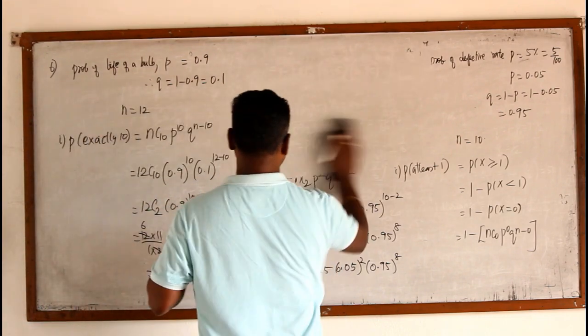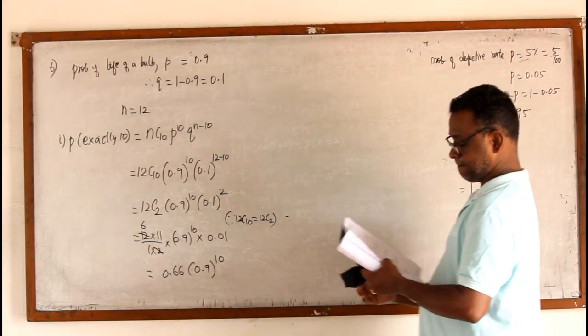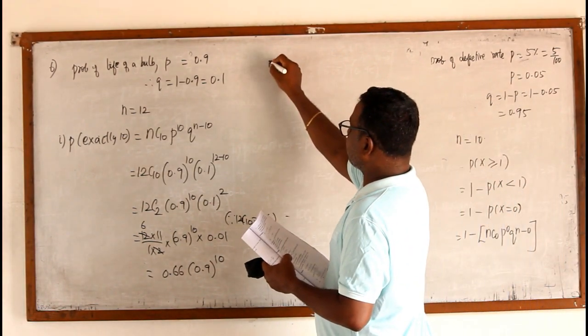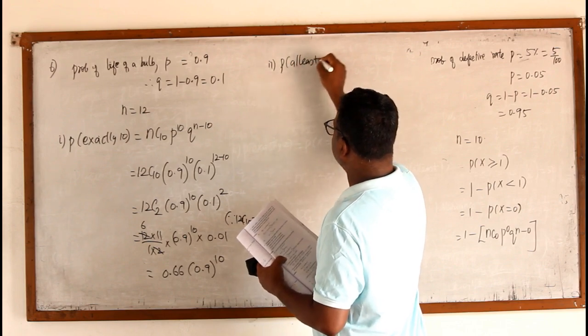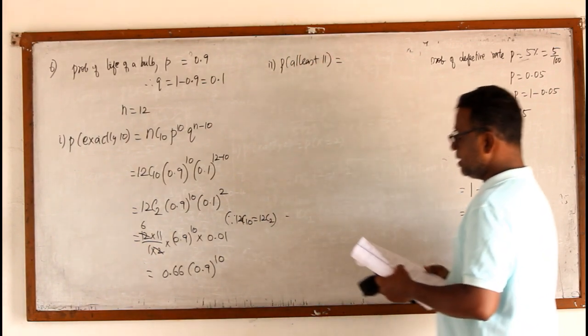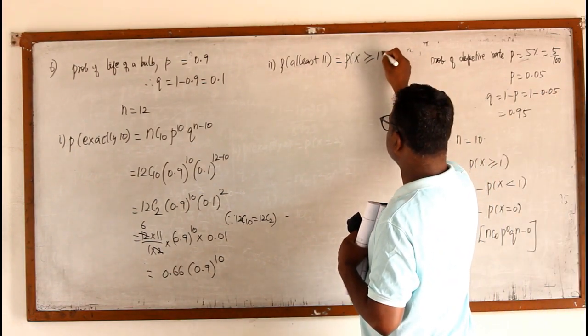Now, second question is probability of at least 11. At least 11 means P of x greater than or equal to 11.